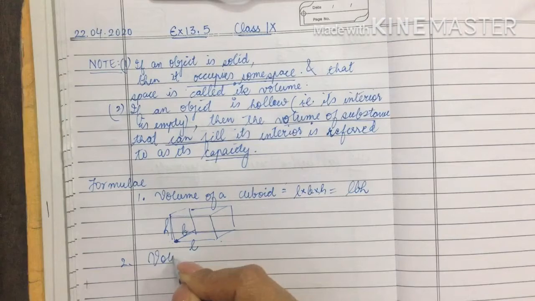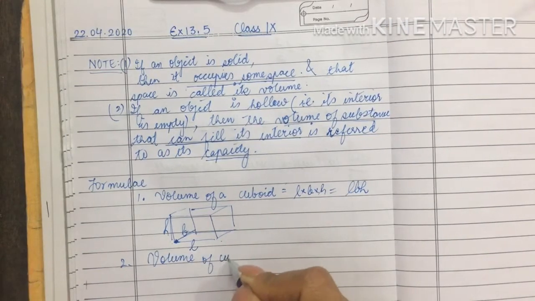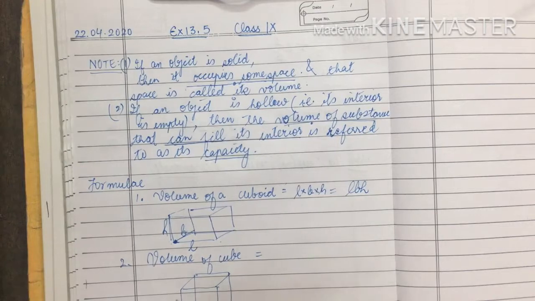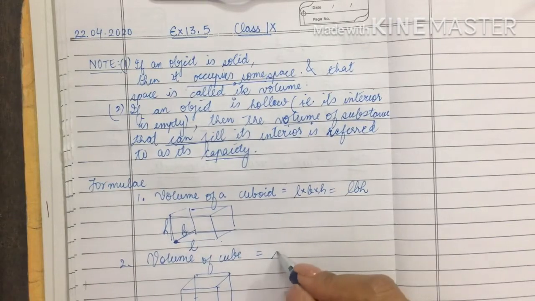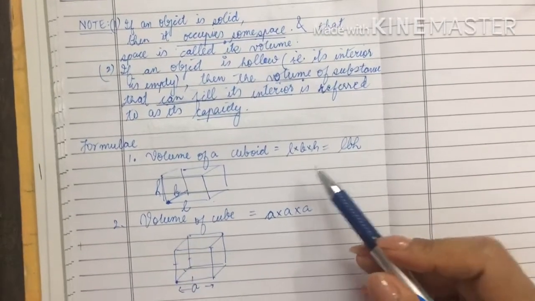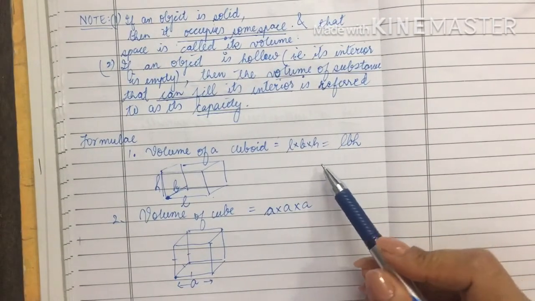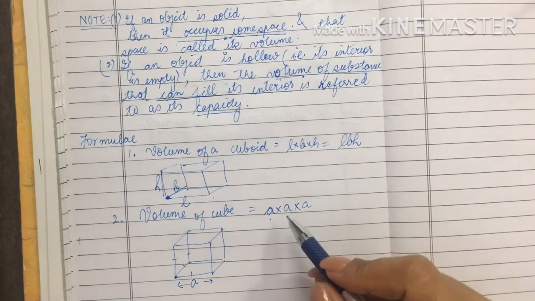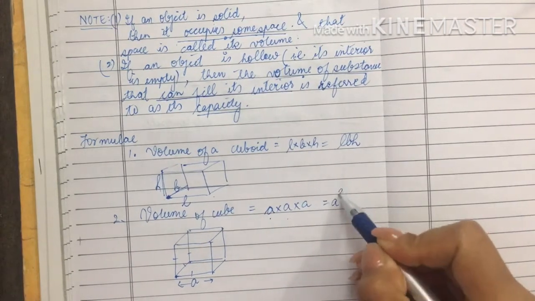And for a cube, the volume is given by the measurement of each of its edges. In case of a cube, all 12 edges are equal, and if we represent these edges by A, then the volume will be A into A into A, because length, breadth, height, all three are equal and they have been represented by A. So the product of the three dimensions will be A cube.